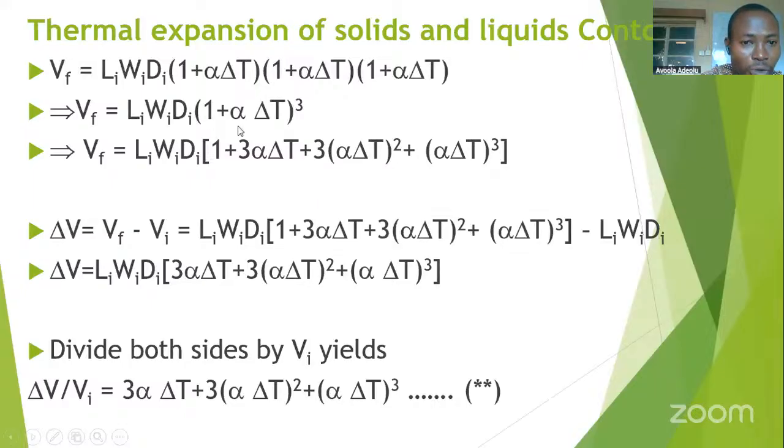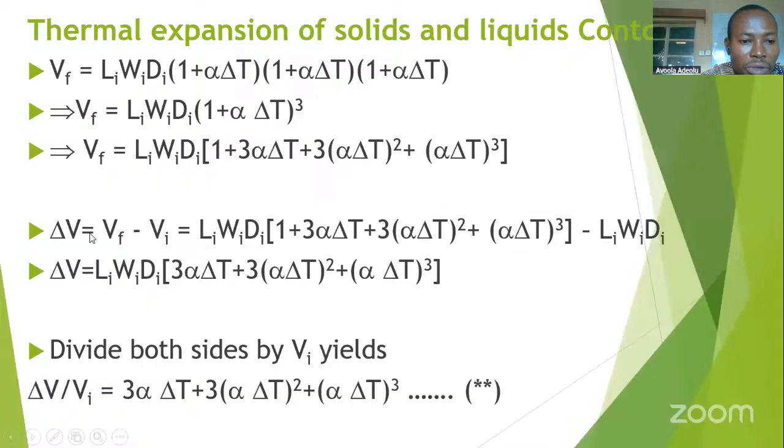I believe you know how to expand this. This is just a very simple expansion, and if you don't know it, you can use a Pascal triangle or the binomial theorem to expand this simple expression. So you have this. But you remember that delta V is equal to the final volume minus initial volume. I believe you remember that.